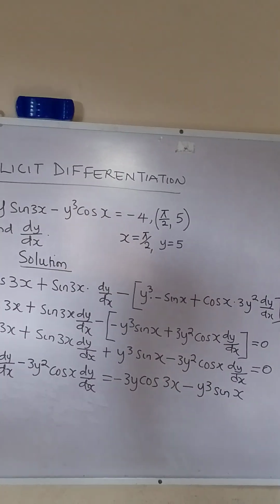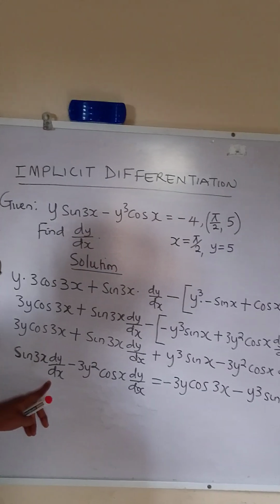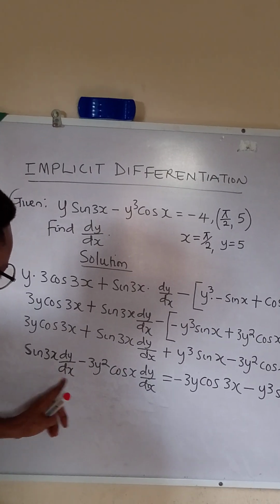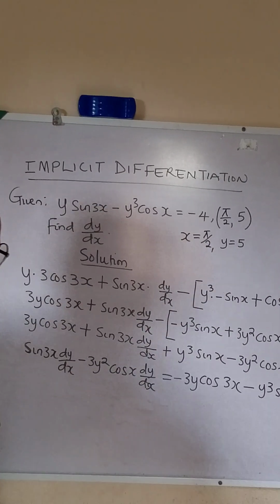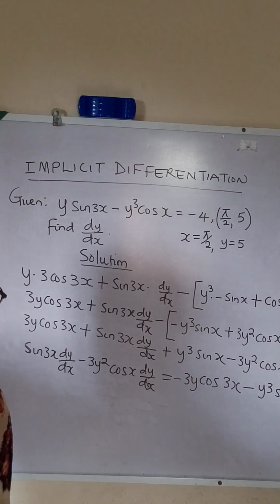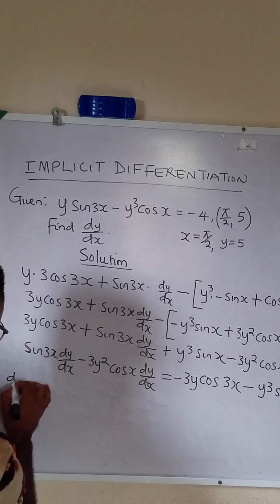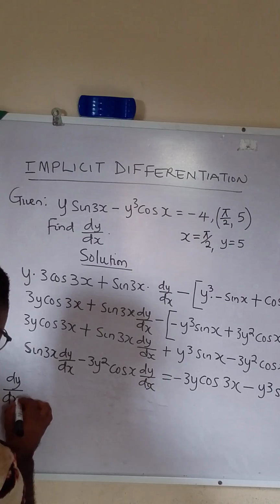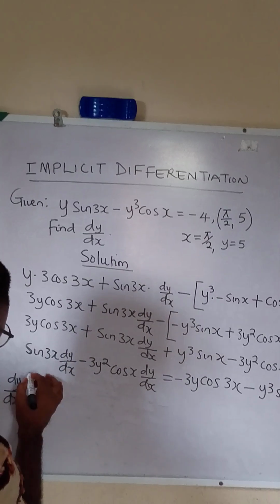I haven't done that. Since dy dx is common here and it's also common here, we can factorize, and so when we factorize, we bring out the dy dx.